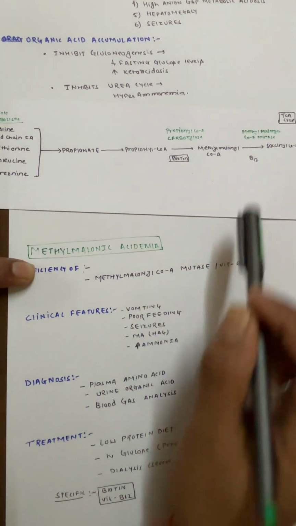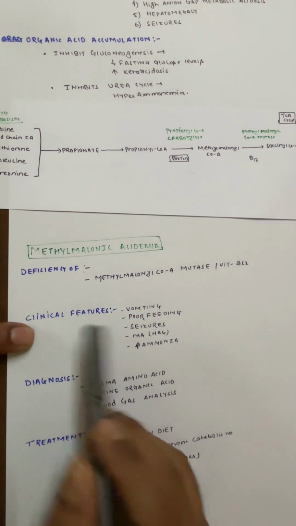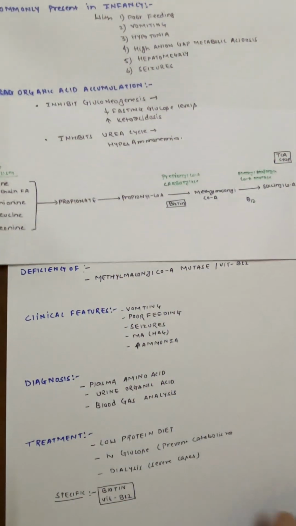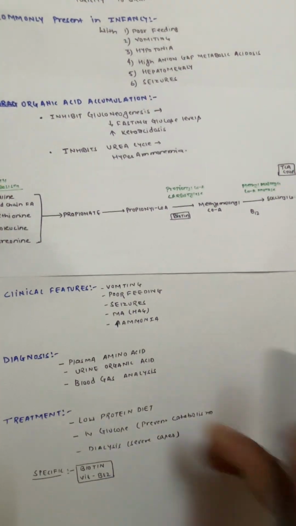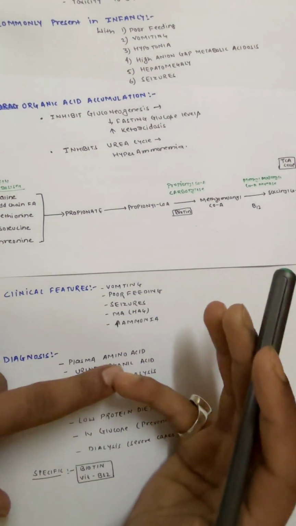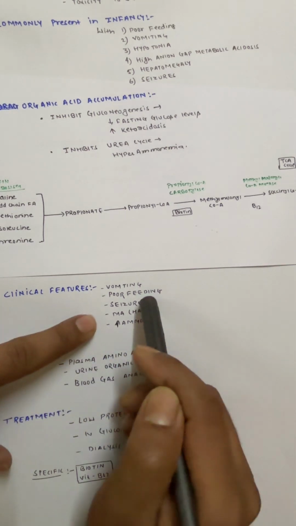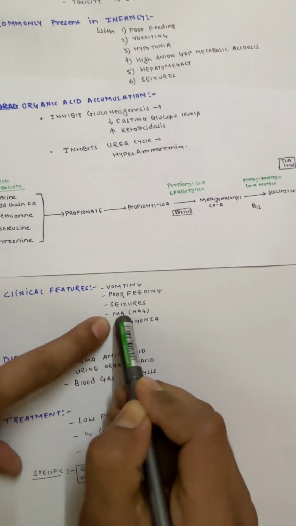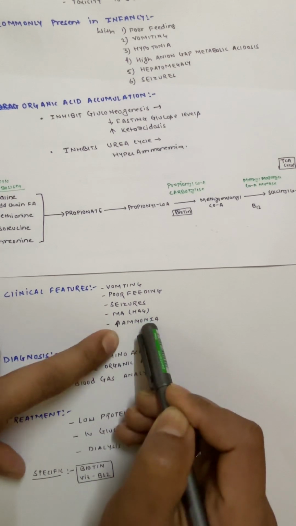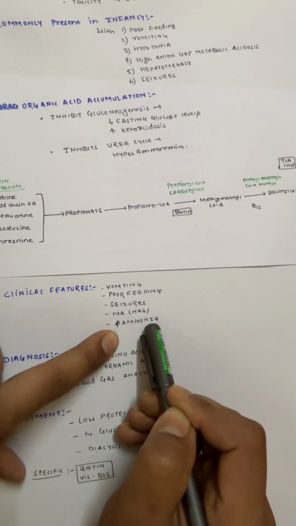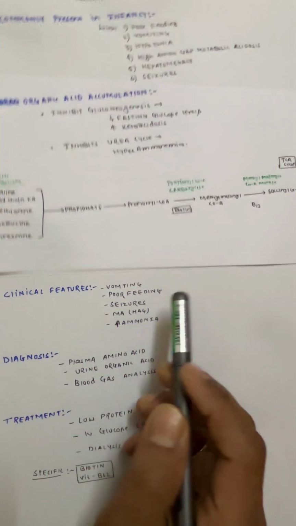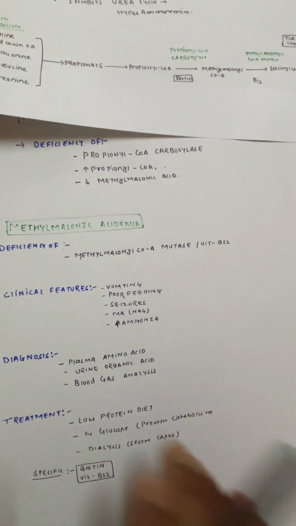Now in both cases, what will be the clinical features? We have already learned the clinical features will be vomiting, poor feeding, seizures, then metabolic acidosis with high anion gap, then increased ammonia level, hyperammonemia. So this will be the clinical feature in both acidemias.